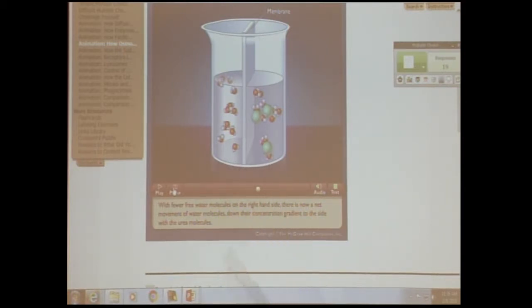It's going to move to the right. Would it be high? Well, it would depend which side was the cell, right? Because they didn't tell you. You could say the left's on the inside. We'll practice it with the cell in a little bit, but basically, water's moving to where there's higher solutes.